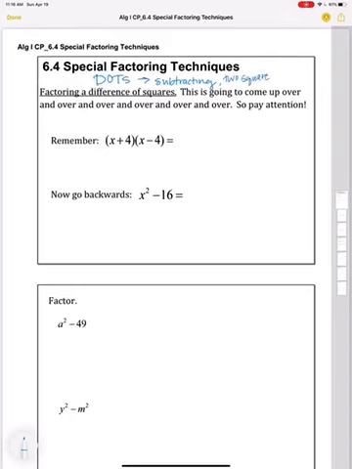Now, what's a square? A square is a number that you get by multiplying the same two numbers together.